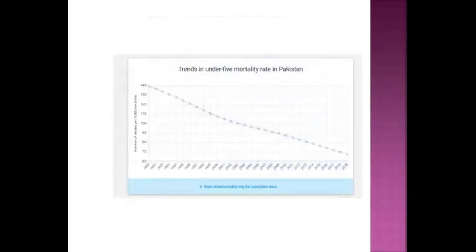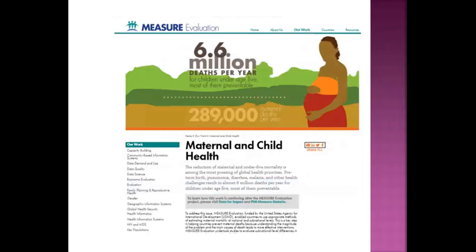If we see under 5 mortality rate trends in Pakistan, although it may be high, it has been disproportionately increasing and decreasing. But in 2019, according to UNICEF, it decreased in comparison to previous years. But still, the under 5 mortality rate is high in Pakistan. There are 6.6 million deaths per year for children under age 5, most of them preventable, and 289,000 maternal deaths per year.